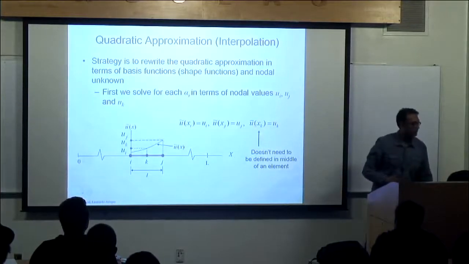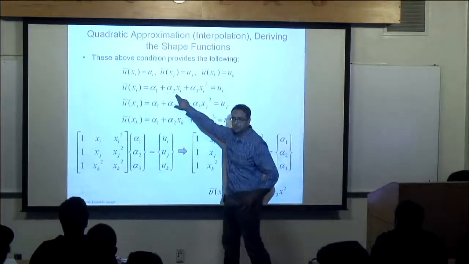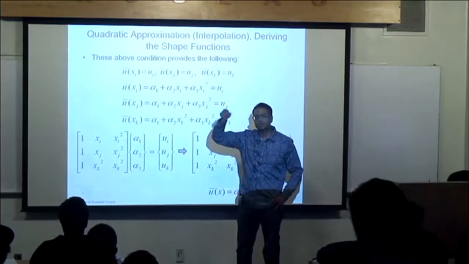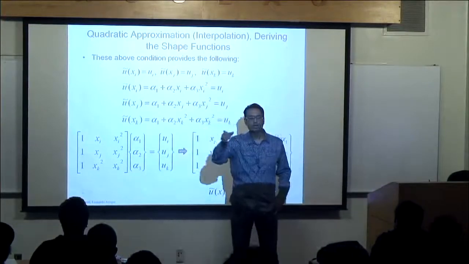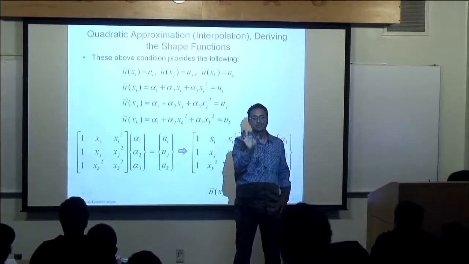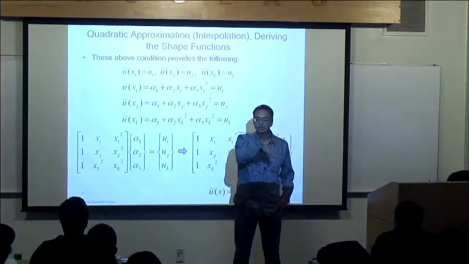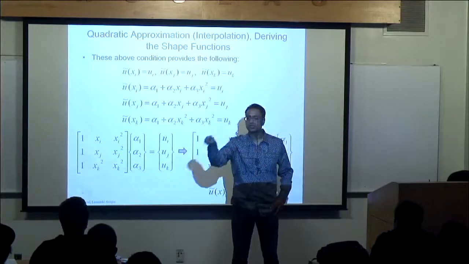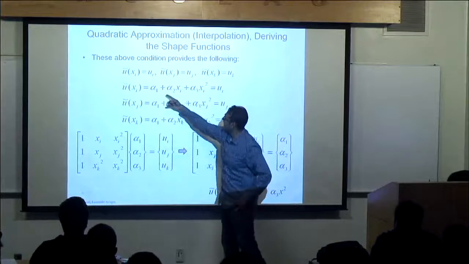So if I go here and I look at that polynomial, what is my angle? My angle is to have an approximation function over the element that's written in terms of unknown coefficients that are made up of those nodal quantities, ui, uj, uk. That's really my angle, right? So having it in this format is not the best.